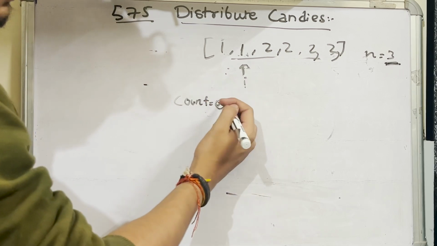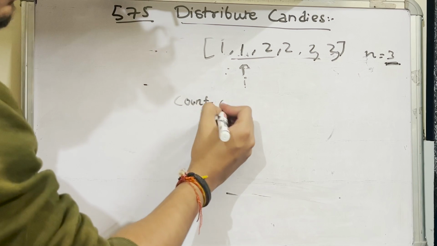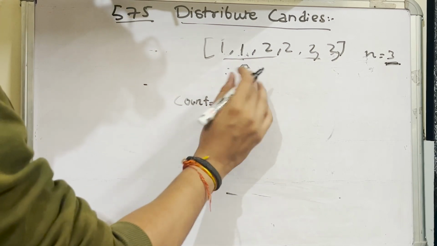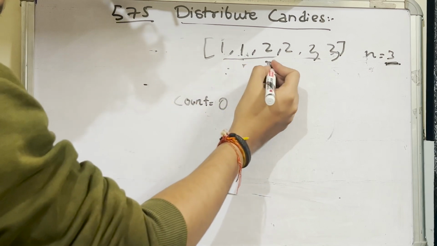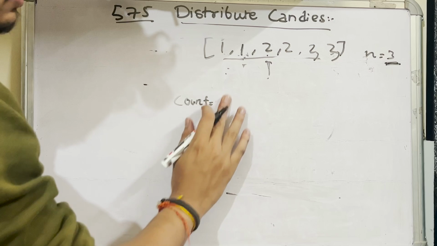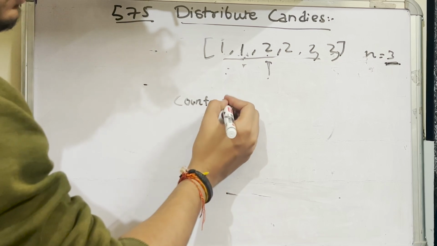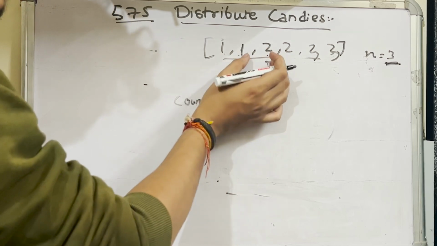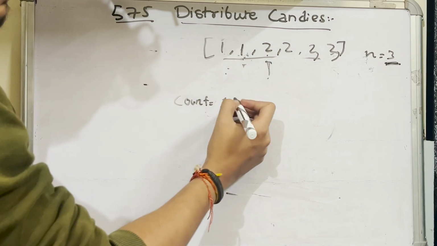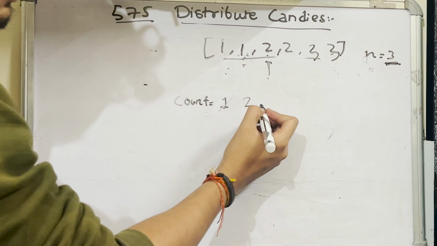Sorry, count will be 1 initially because this was a type. So we check if these two are different values. Yes, these two are different, so we increase the count to 2.